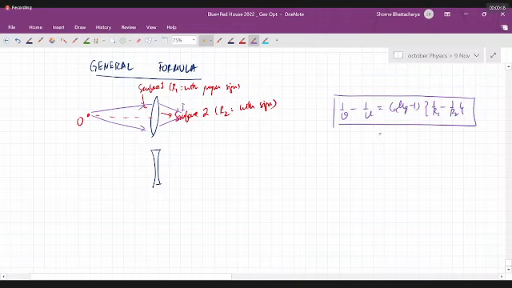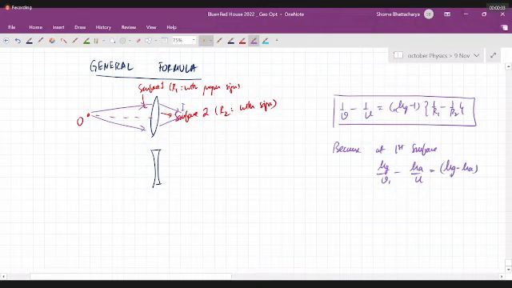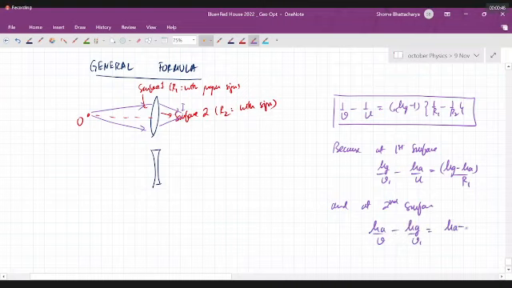This will always come from the fact that at the first surface, we'll have the formula, okay. And at the second surface, so when you combine these two, you will get this.